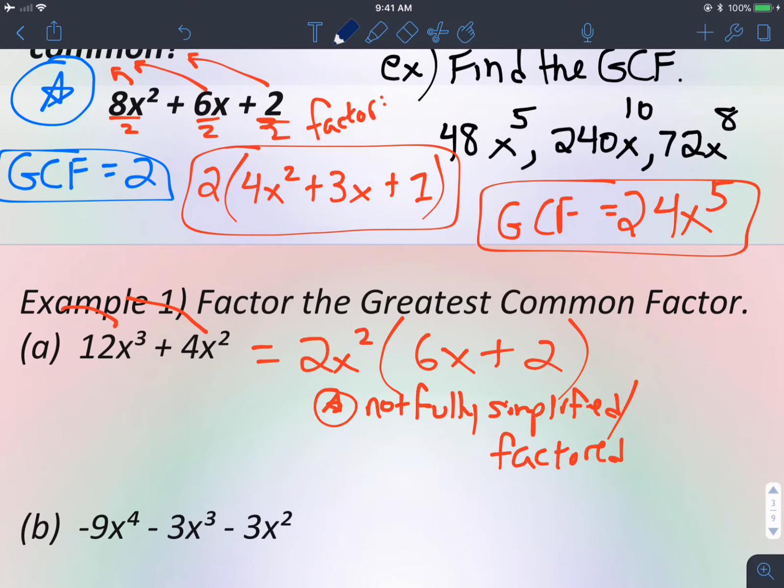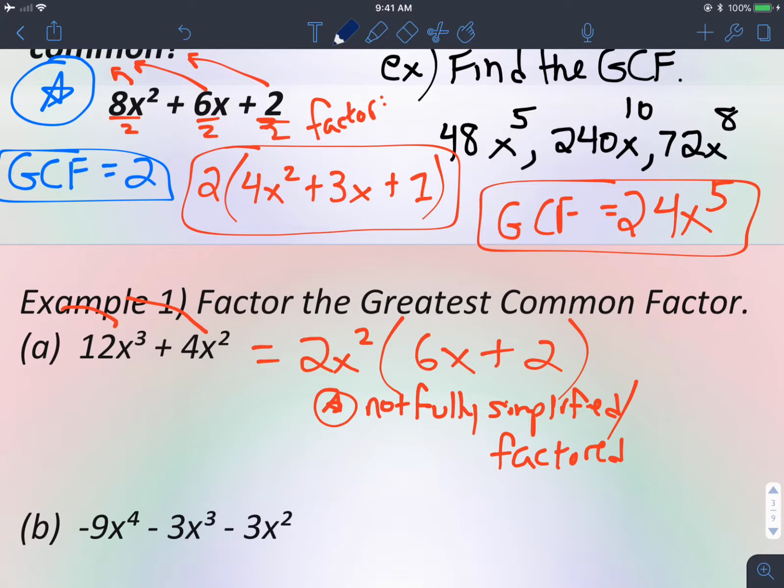But what I want you to see is you look at what's inside the parentheses and you say, okay, well, there's a 2 in common with the 6x and the 2. So I'd have to pull that. So you know whether or not you found the greatest common factor if you can pull out more numbers out of that quantity.